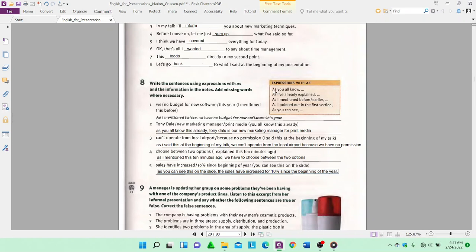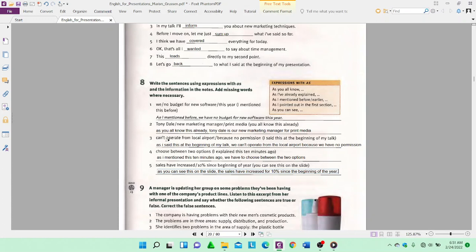Jadi, penggunaan as is really important because kita bisa seperti bahasa Indonesia, ya kan? Sebagaimana saya jelaskan sebelumnya, sebagaimana telah saya sampaikan, kalau bahasa Indonesia gitu kan. Ini dia, as I pointed out in the first section, as I mentioned before, as I already said, ya kan?